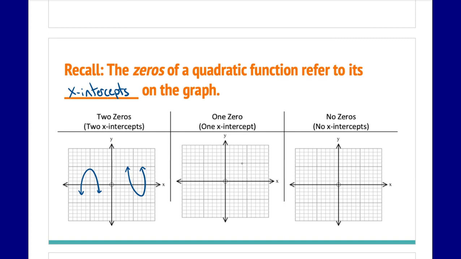It could have one x-intercept where the vertex is directly on the axis, or maybe it's something like that. And then zero x-intercepts, where it doesn't cross the x-axis. Those are the three scenarios that we could come across.